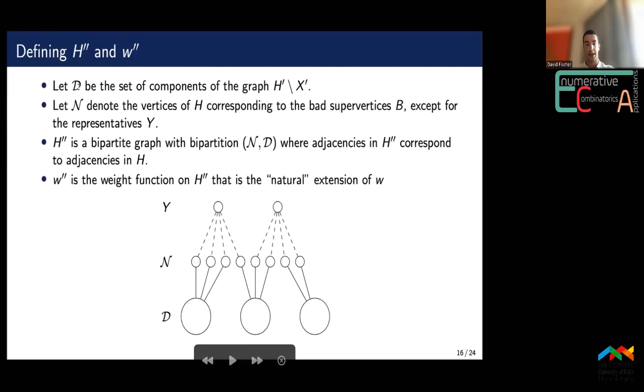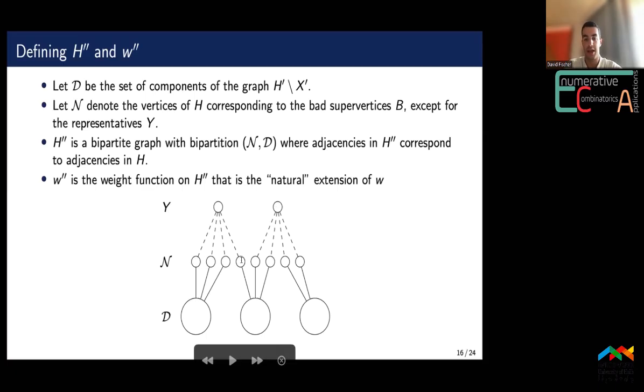So we're going to let D be the components of H if we had removed all of those vertices. So in particular, each of these components has weight at most a half. And now, because we couldn't actually have removed the bad super vertices, we're going to add those back to the graph. And that's what N is here. So this Y here is the representatives.